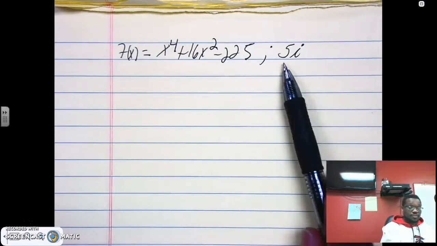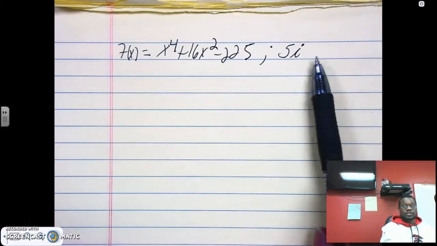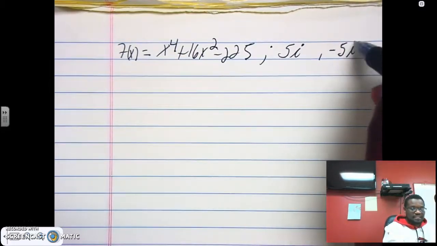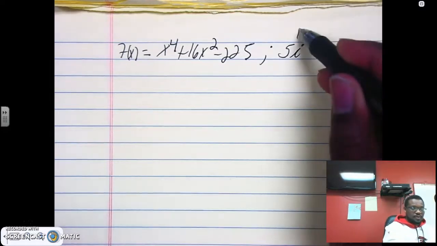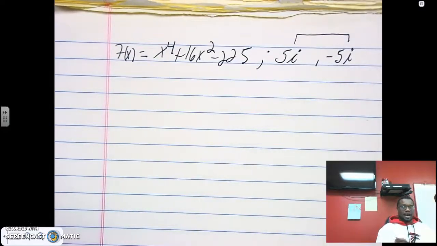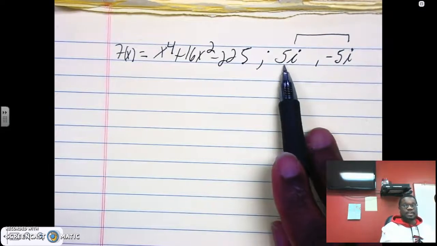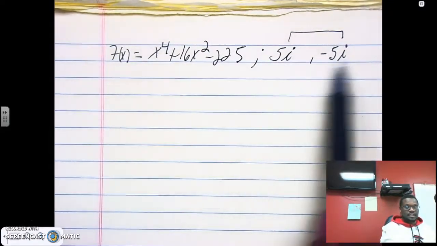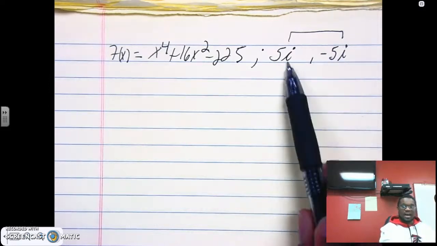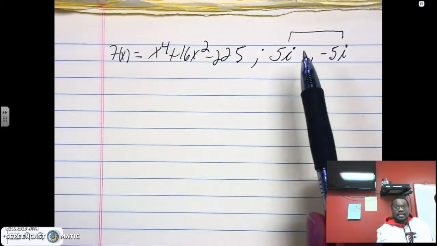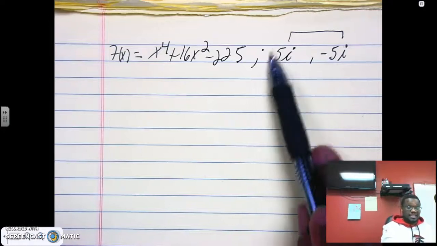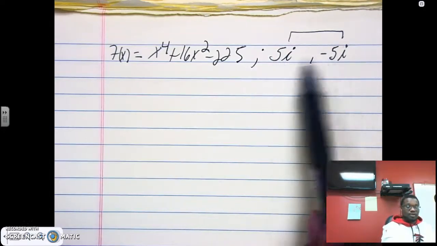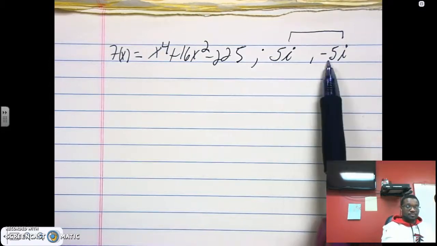So if you know one of them, then you should automatically know that the other one, the conjugate, or the opposite, basically, when you change its sign, both of these are zeros. I was only given this one, but I know that whenever I'm given an imaginary number solution, then its opposite or complex conjugate is also a solution. And conjugate basically means change the sign of the coefficient in front. So I know automatically right off the bat that both of these are zeros.